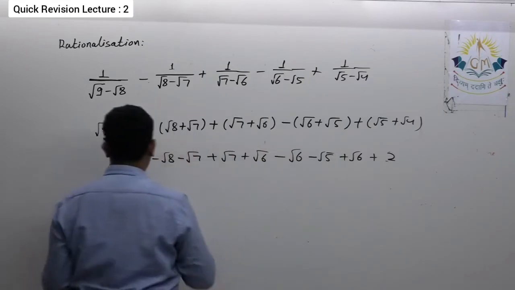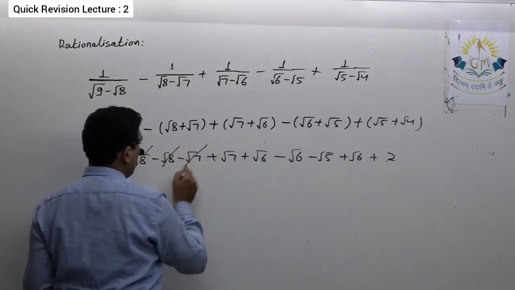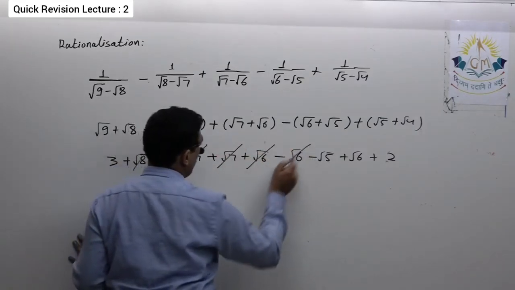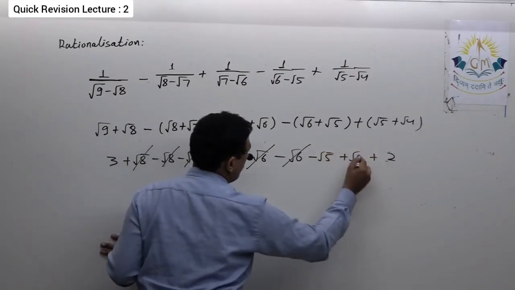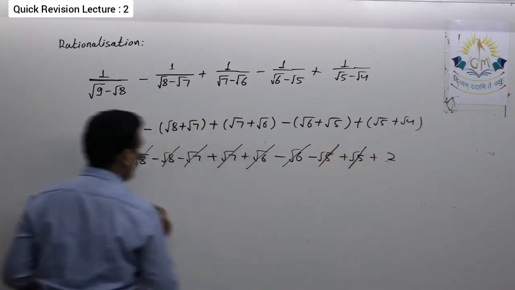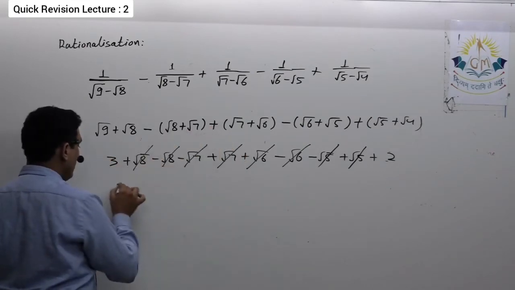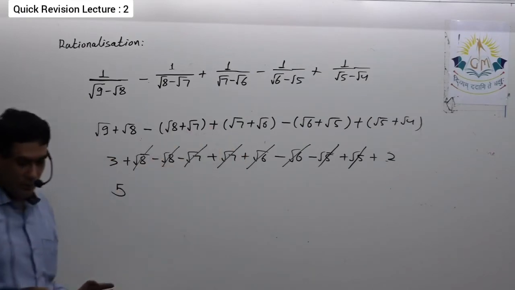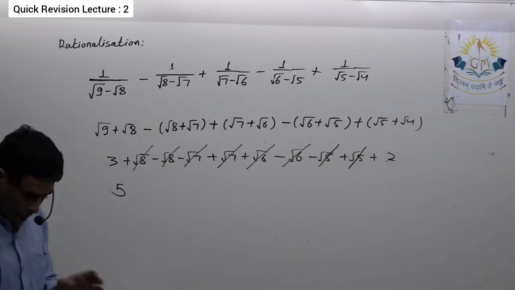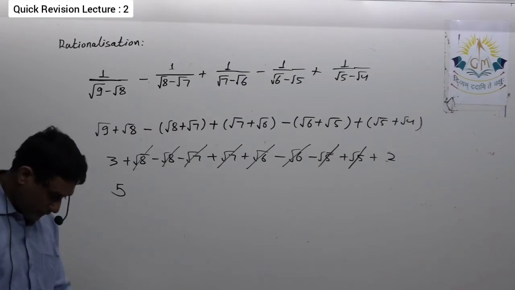So here you can see minus root 8 plus root 8, minus root 7 plus root 7, plus root 6 minus root 6, root 5 plus root 5 minus root 5, cancel. So finally what we will get? 3 plus 2, that is 5. So this is one more question. This type of question can be asked in your exam.